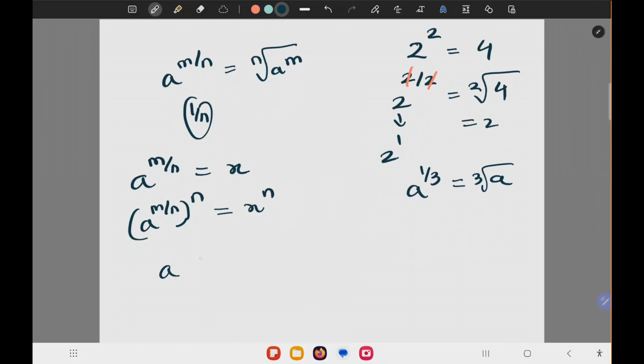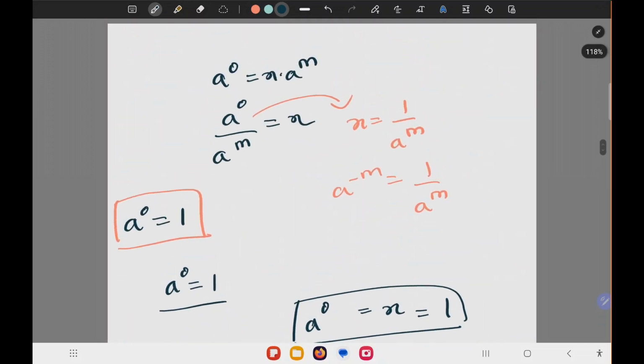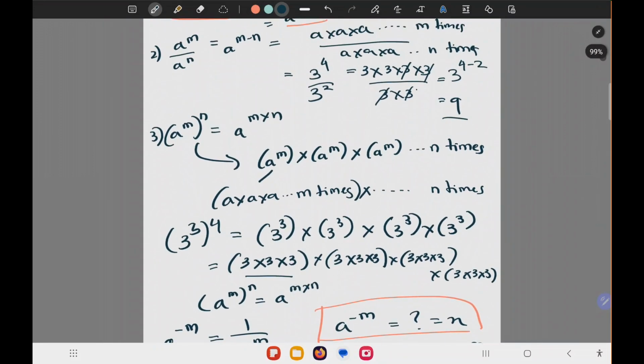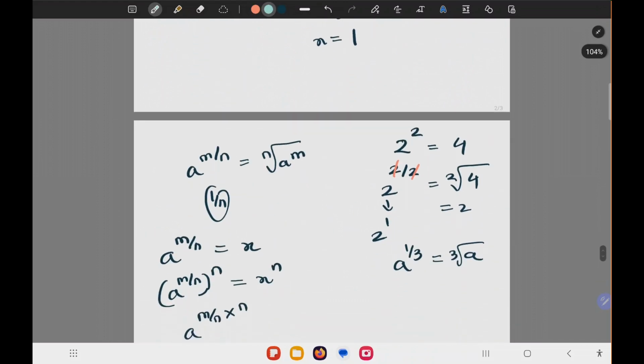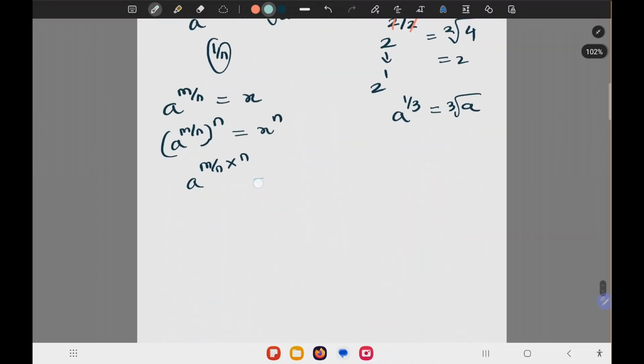So a to the power m by n times n, and this was the second law that we learned, right over here, right? So this is equal to x to the power n.